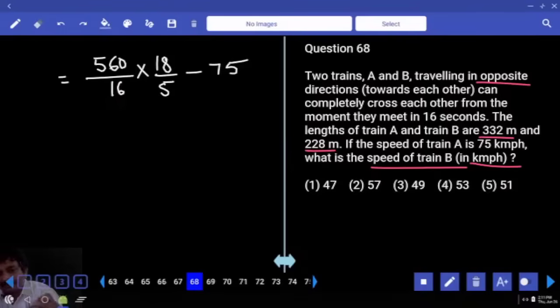You understand? 16 5 times 80. 0 0 gets cancelled. 8 how many times? 7 into 18, 70 plus 56, 126. 126 minus 75 is 51. Last digit verification: 126 minus 75, answer ends with 1.